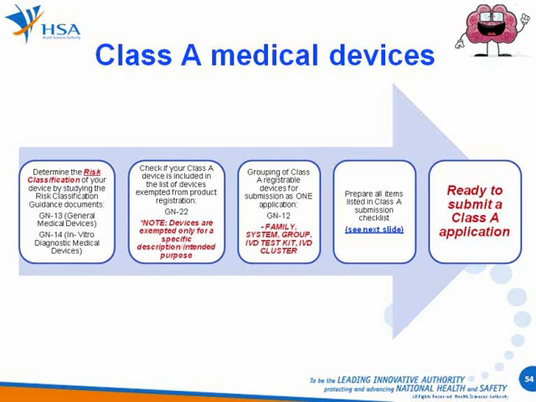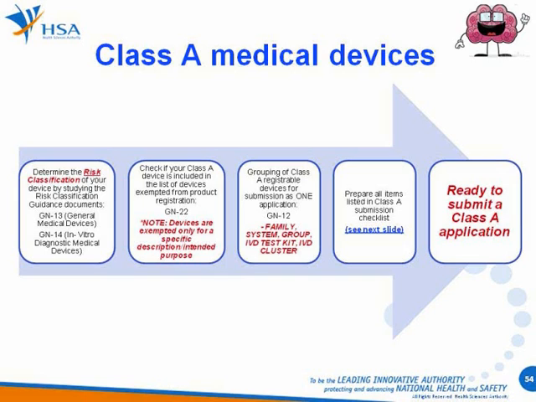Kindly note that the application will be rejected if the application is incorrectly grouped, is of the wrong risk class, or is for a Class A medical device exempted from product registration. There will be no refund of fees paid.